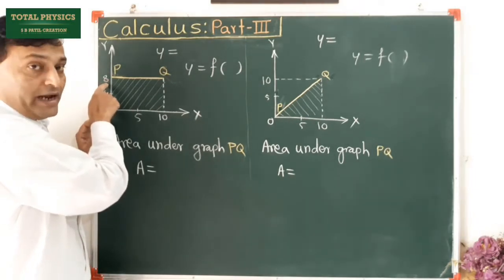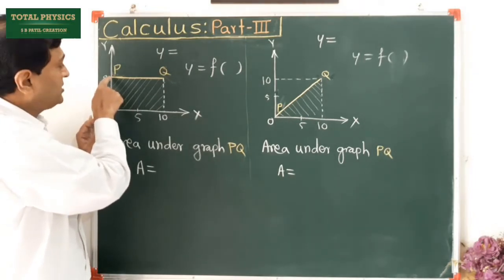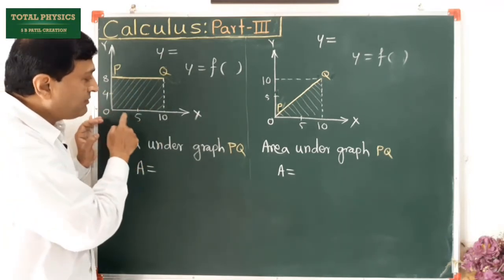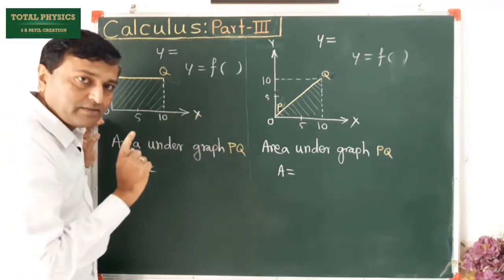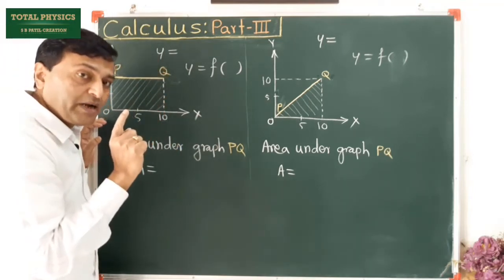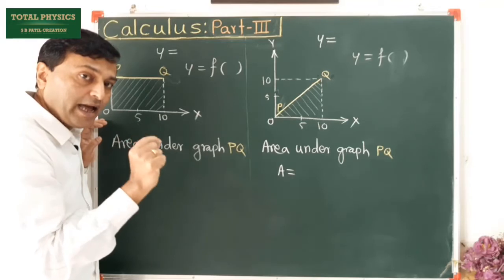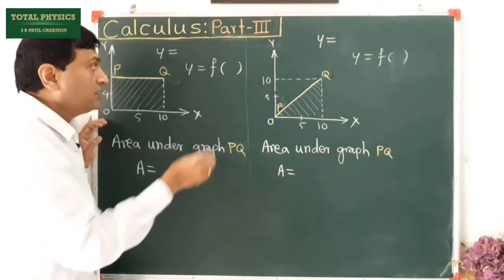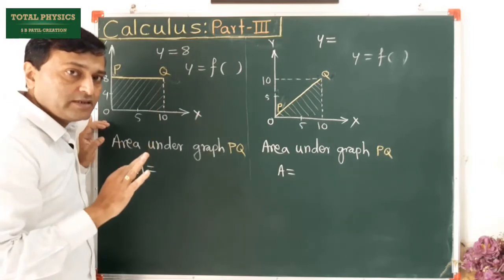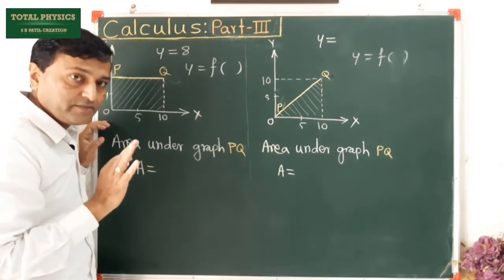This value is 8, and this 8 is not changing, means y is not changing whatever the value of x you have taken. Means y does not depend on x, y has its fixed value. That's why you can write y is equal to 8. This is the equation of this straight line, this graph.